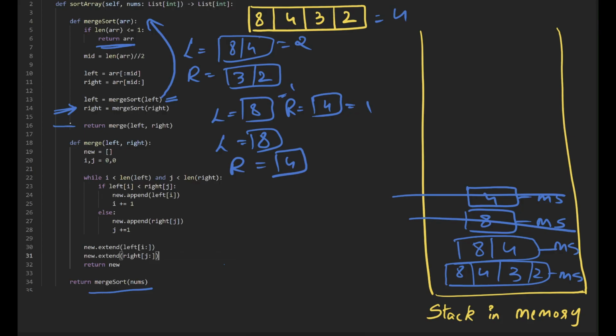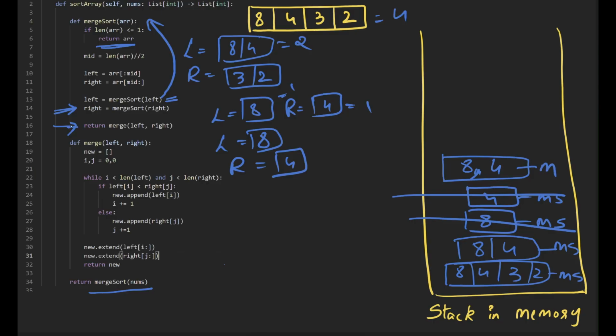Now we get to go to line number 16, where we are returning the merge of left and right. The left is 8 and the right is 4. Since we are calling a function, we will write it here, 8 comma 4, and this time it's not merge sort, it is merge.